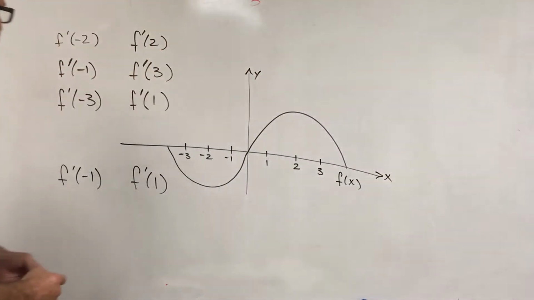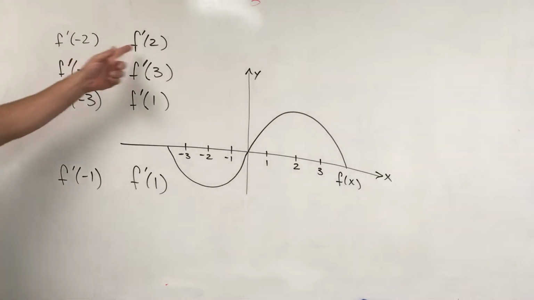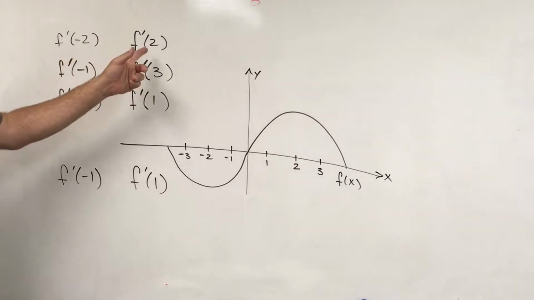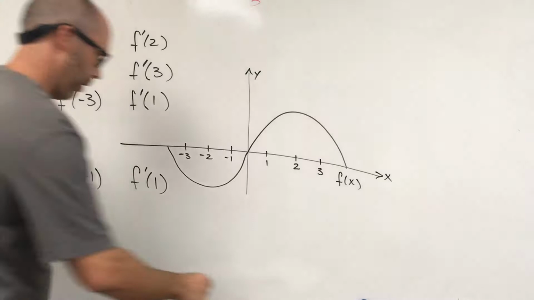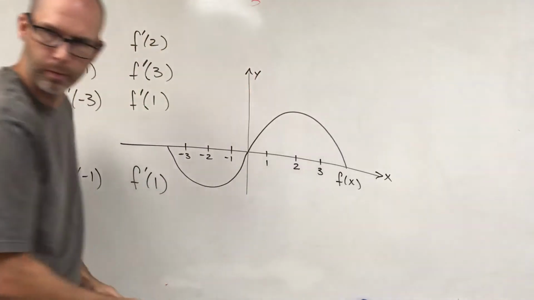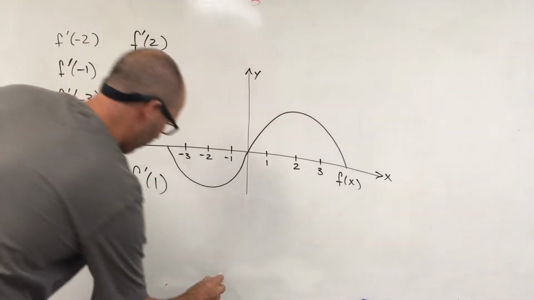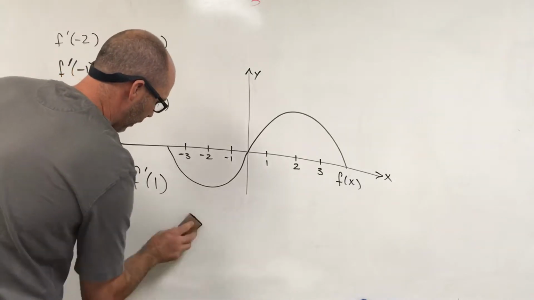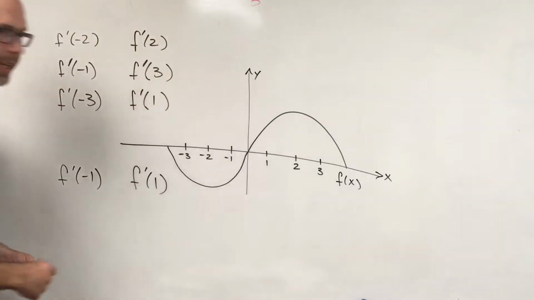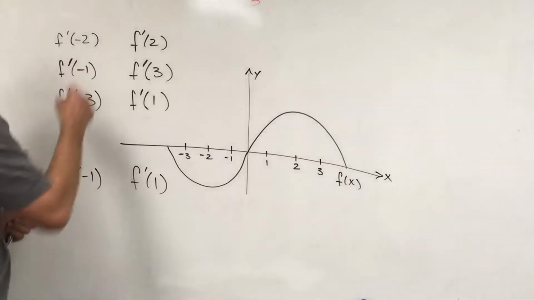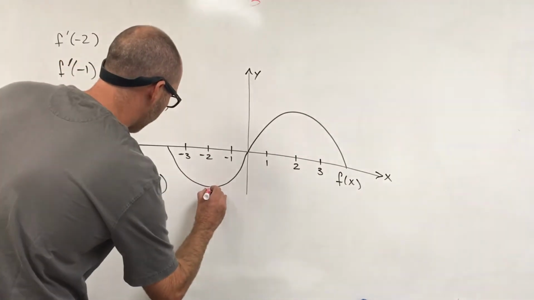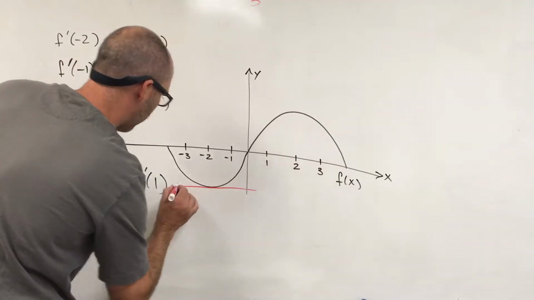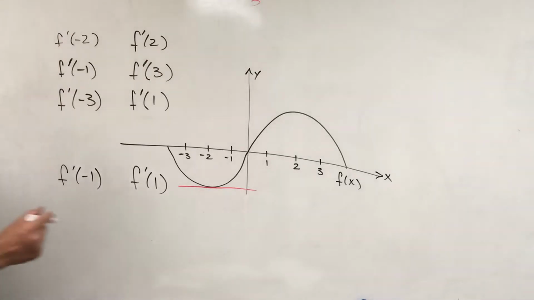All right, so first let's look at these two. f prime of -2, f prime of 2. Now think rate of change or slope of tangent line at -2. Slope of tangent line at -2, horizontal.